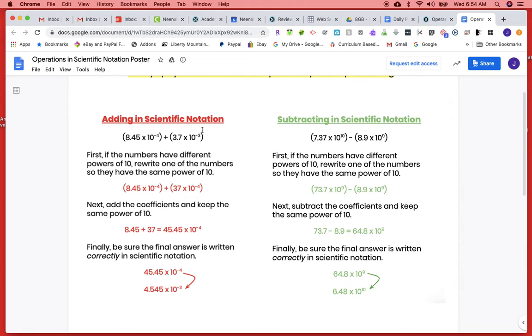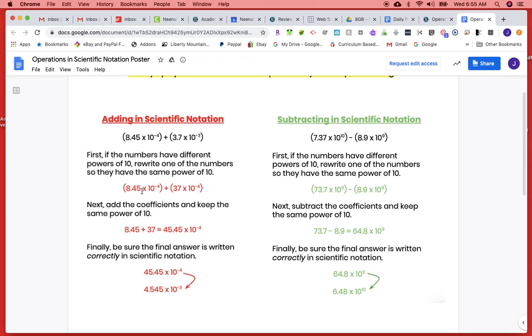Since we're subtracting in LARS, we need to move our decimal one place to the right. So 3.7 now becomes 37, and when we move it to 37, our negative 3 becomes a negative 4.